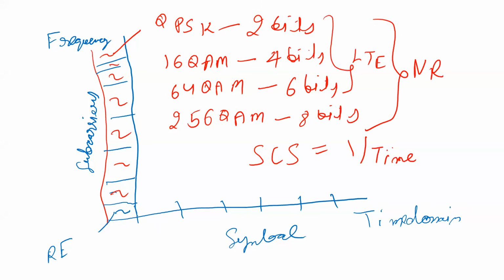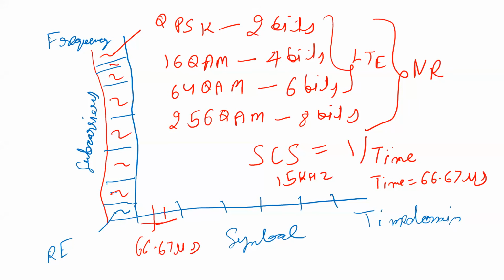So if our subcarrier spacing is 15 kilohertz, then our time is equal to 66.67 microsecond. So this symbol time is 66.67 microsecond for 15 kilohertz spacing.